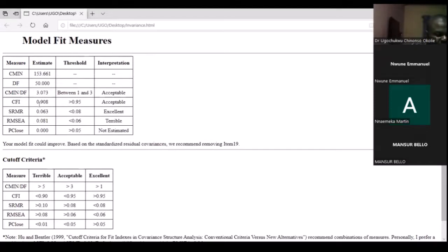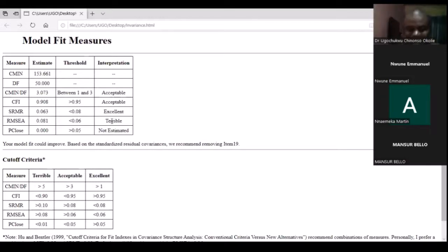The CFI has to be at least 0.9 and above. I have 0.908, which is 0.91. This is acceptable. The SRMR is supposed to be below 0.08. This is excellent. But you can see my RMSEA, root mean square error of approximation, is terrible.